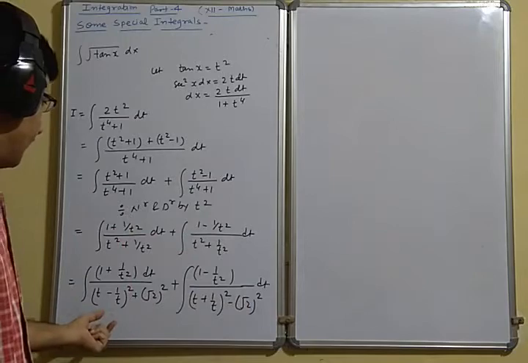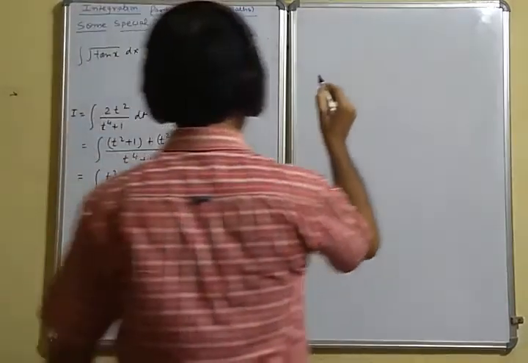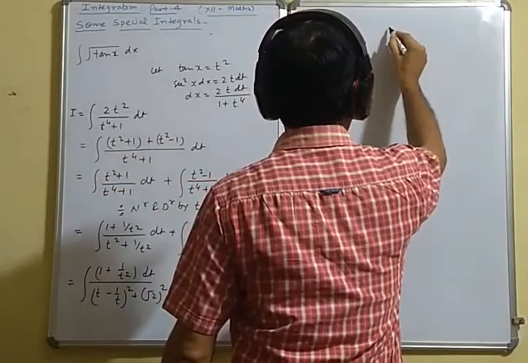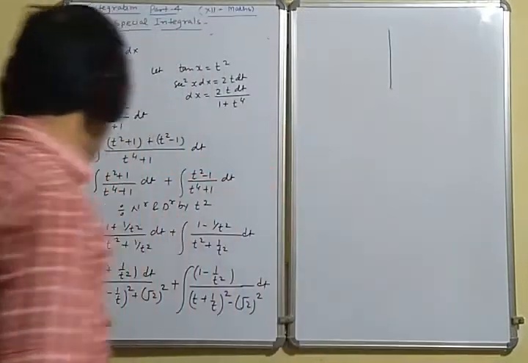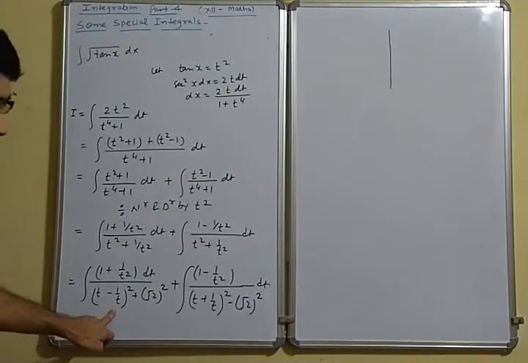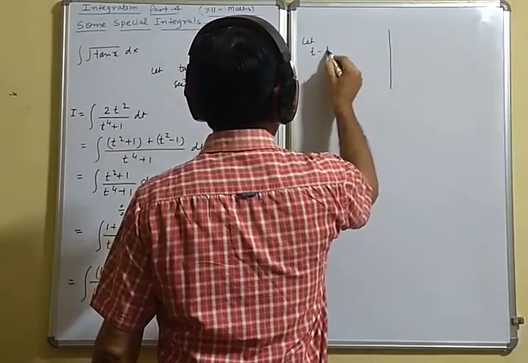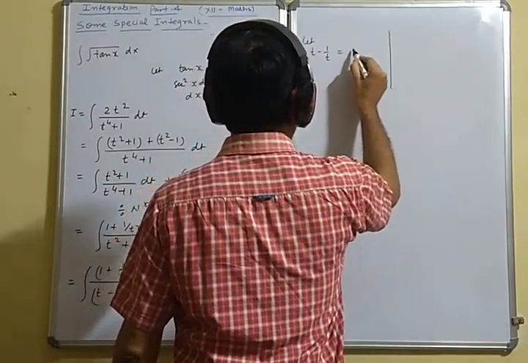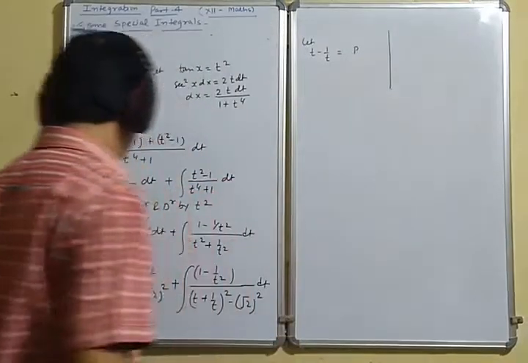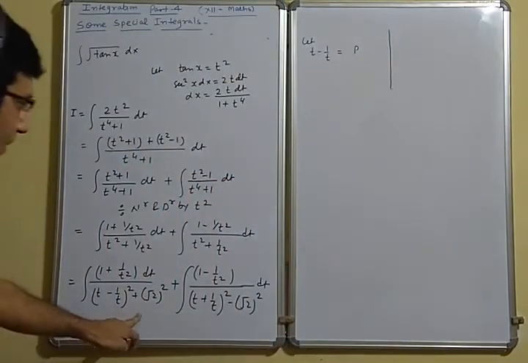Now let us see, one by one we will simplify. Here we will take two types of assumptions. In the first case, let t minus 1 upon t be equal to p.